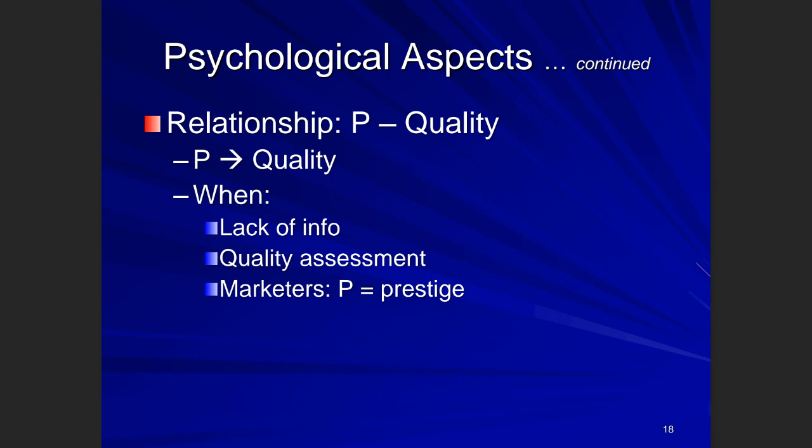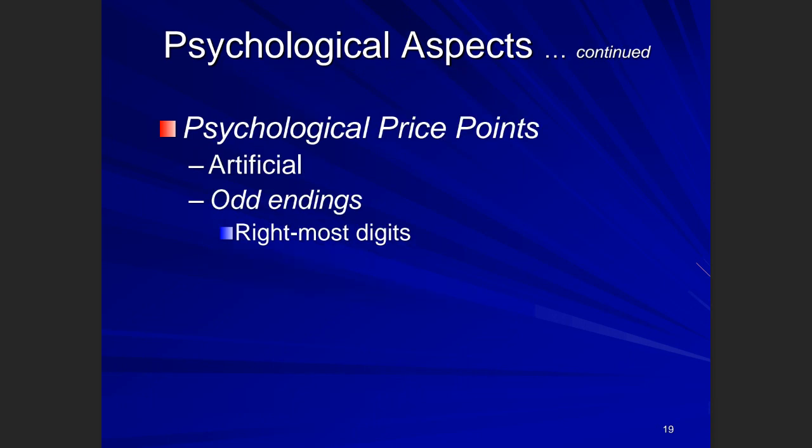And of course, as we've spoken about before, there are a whole lot of other psychological aspects associated with pricing. For example, we have what we call artificial price points that we have spoken about before. So what do we have? Like, what are some examples of that? Well, we see how some retailers will deliberately price and label their products as 0.99. And what does that do?